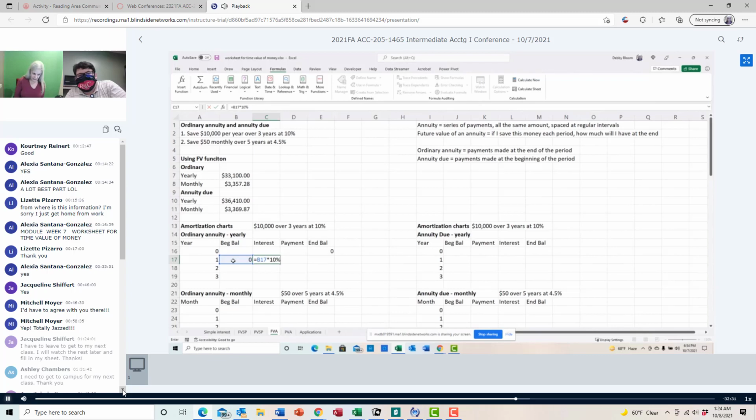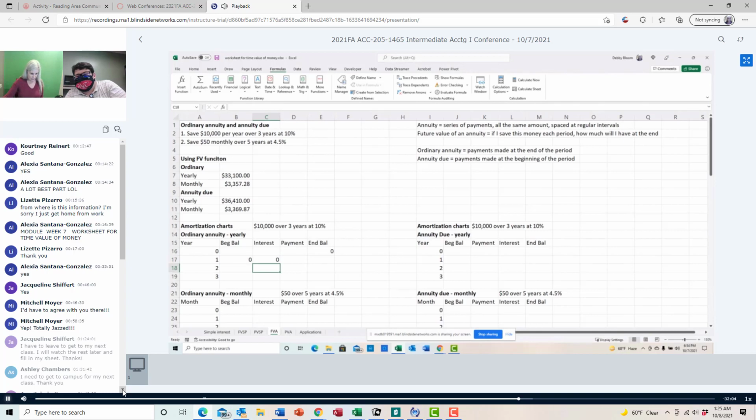Because this is annual, I would take 10% divided by 1. So if you want, you can divide by 1, but 10% divided by 1 is still 10%. As I said, I gave an example of a monthly one where we do have to divide. So I take the beginning balance and increase it by 10%. Of course, 0 multiplied by 10% is still 0.